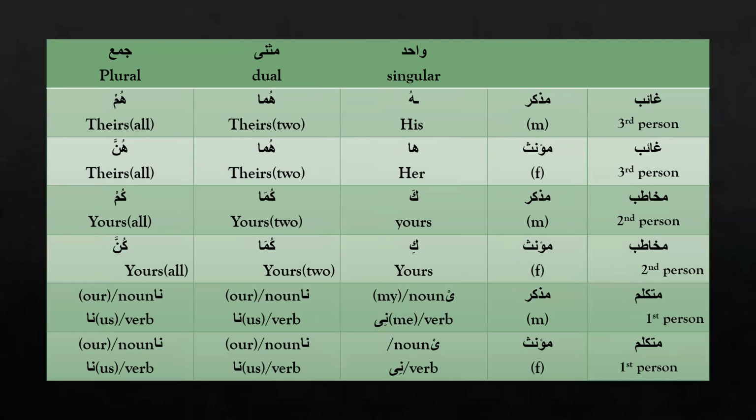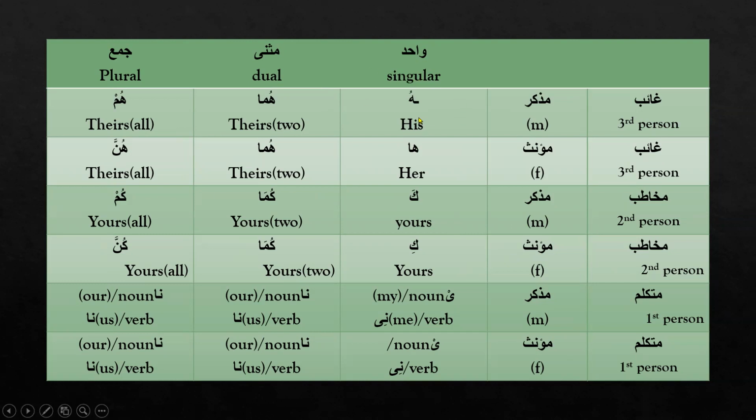This is a table or chart for Damir Muttasil, the attached pronouns, and today, inshallah, we will see how we are going to use Damir as maf'ul, as objects, in a jumla failiya. That is why I am repeating this, so you know the attached forms of the pronouns.